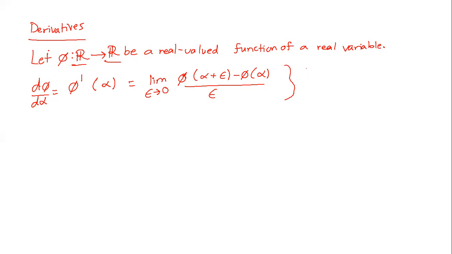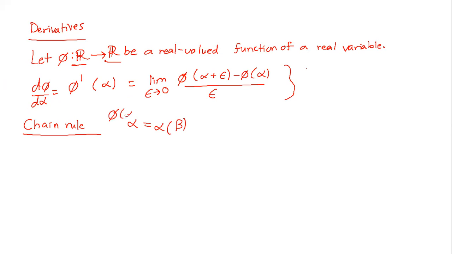The second derivative will be really similar, where you would plug in the first derivative here and look at a similar thing. Again, with scalar valued functions, we have our familiar chain rule, for functions where phi is a function of alpha, but alpha is actually a function of another variable, beta.